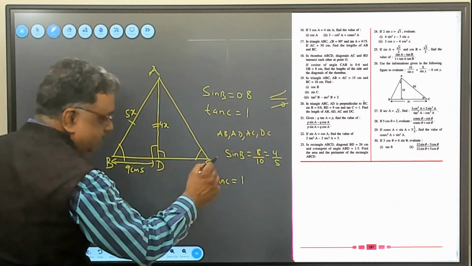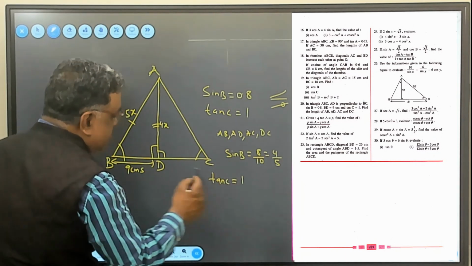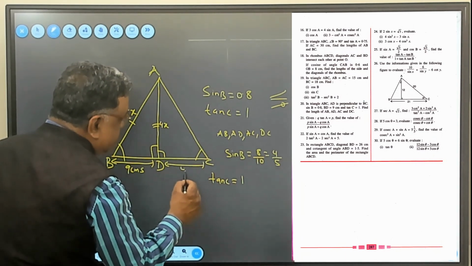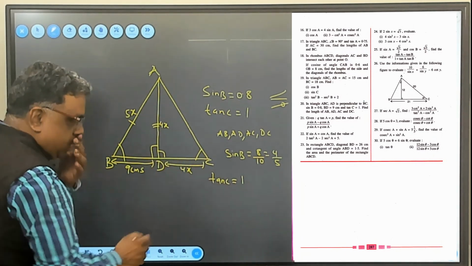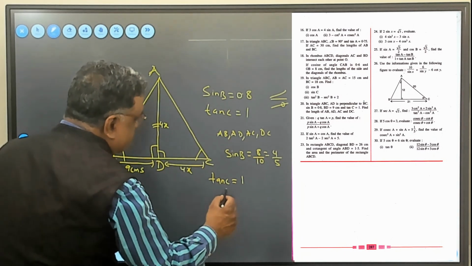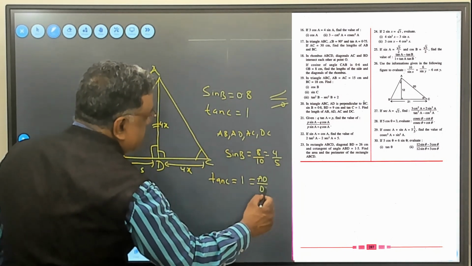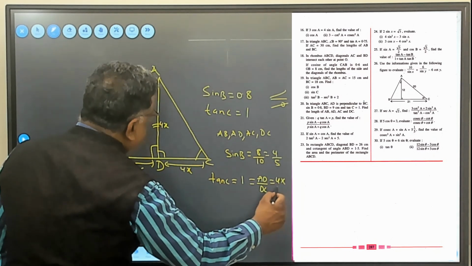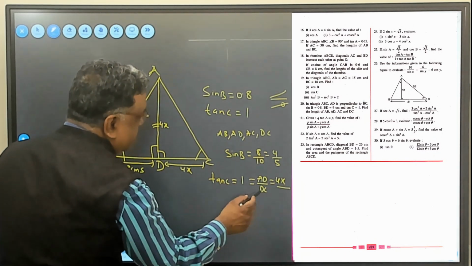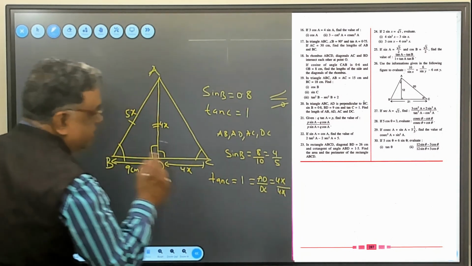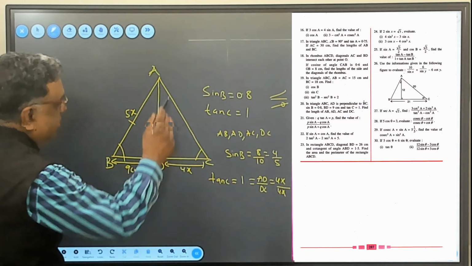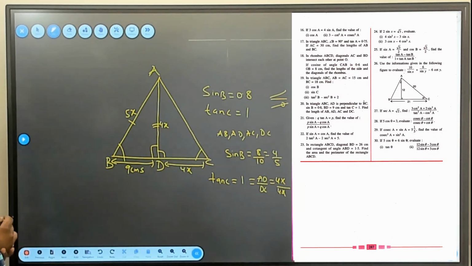This upon this, and since it is 1, DC also has to be 4x, because 4x upon 4x only will be 1. Because this is AD upon DC. So if AD is 4x, for this to be 1, DC also has to be 4x, right? Only then it will become 1. So now I got all the sides in terms of x. Now I can find out everything.